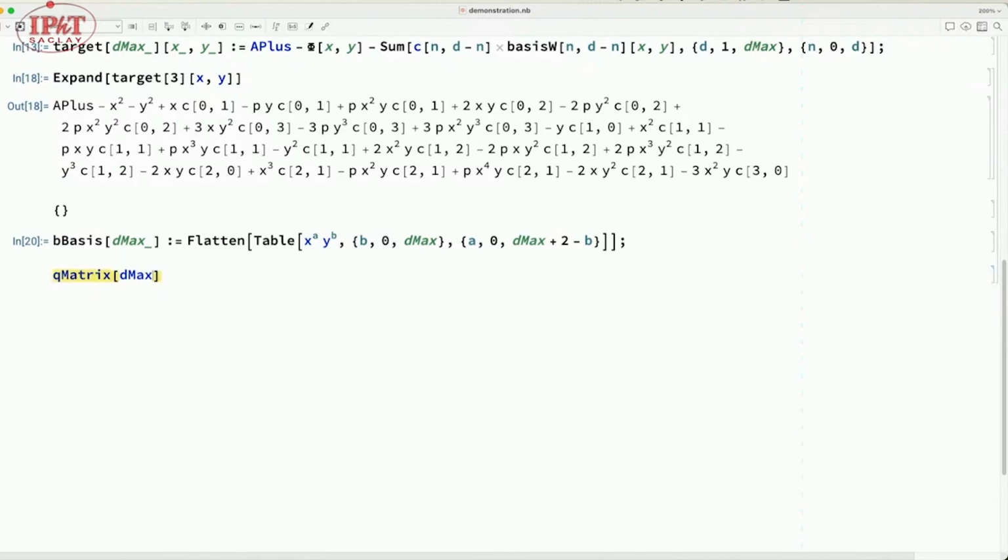Okay. So now let's define this Q matrix, which is going to be a table, a square array whose size is the number of basis vectors. So 1 to the length of that basis, not d max.